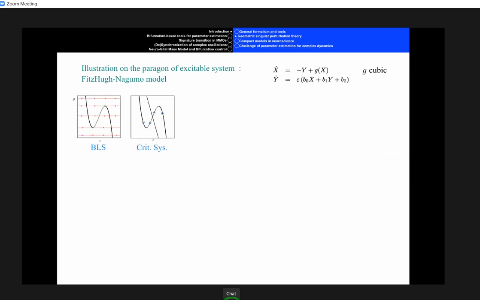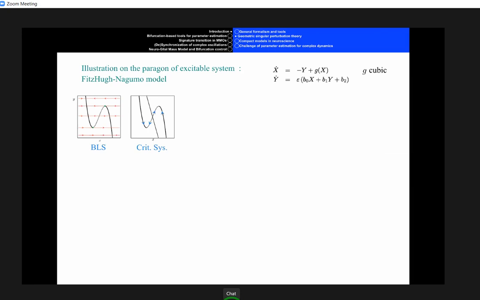The boundary layer system that we obtain is directly given by X dot equal to minus Y plus G of X, and Y dot is equal to 0.